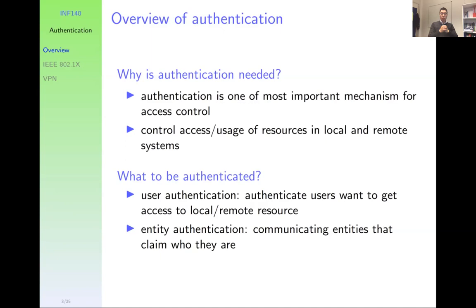First, we have user authentication, when a user wants to access a resource in a computer, or sometimes to access some resources remotely. Another type of authentication, especially for the network, is entity authentication. It enables two or more communicating entities to verify the other parties and to make sure they are the entities they claim to be.